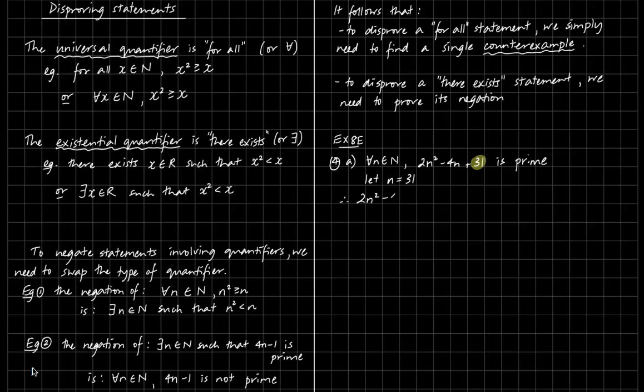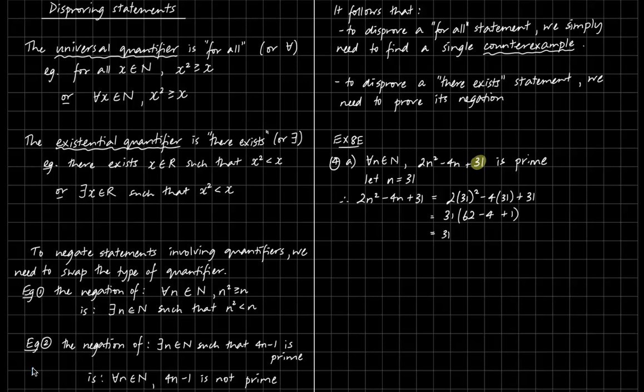because then 2n squared minus 4n plus 31 is equal to 2 lots of 31 squared minus 4 times 31 plus 31. And we could write that as 31 outside of, 2 times 31, so that's 62, minus 4 plus 1. And even in that form there, we can see that it already has a factor of 31, doesn't it?